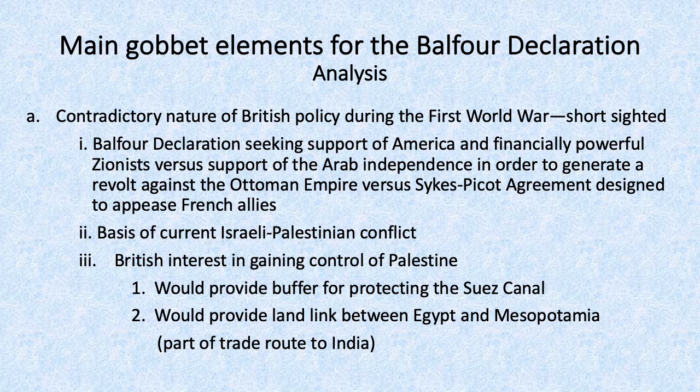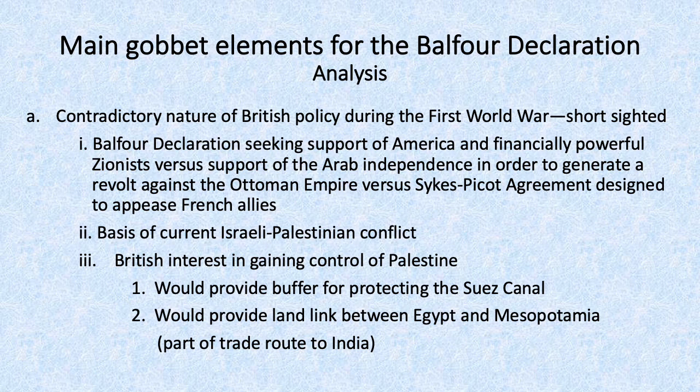and that they had also made an agreement, a secret agreement, the Sykes-Picot Agreement, with the French about how to divide up the Arab territories of the Ottoman Empire on the assumption that the Ottoman Empire wouldn't survive the First World War. And in that particular agreement, most of what constitutes Palestine had been designated as an international zone because of the religious importance of Jerusalem and some of the surrounding environs with respect to many of the world's great religions.